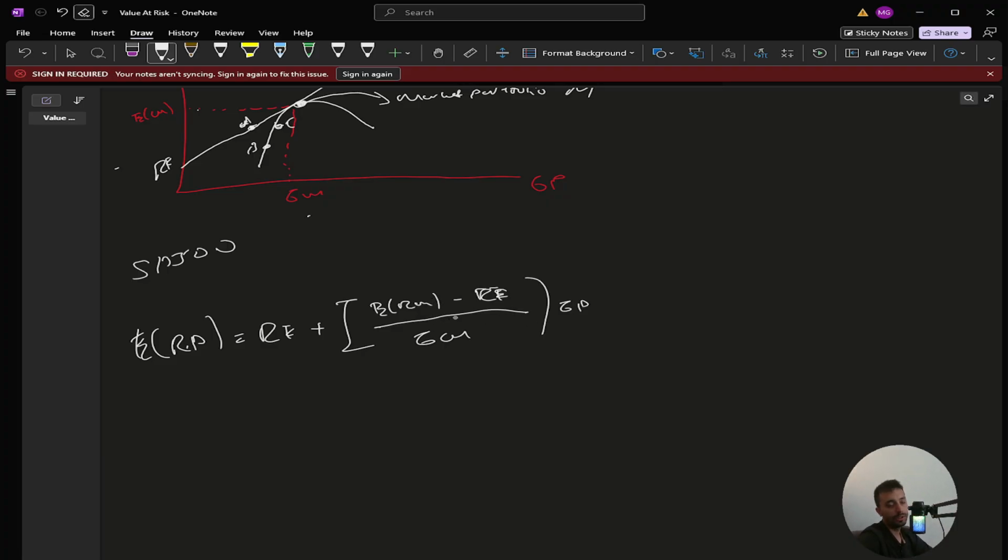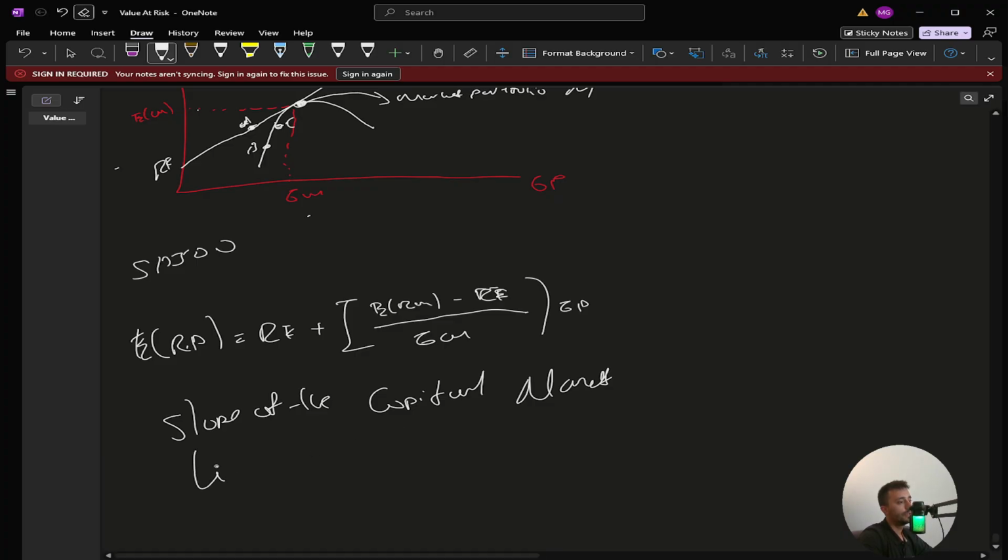They have a really good relationship between them, about the Sharpe ratio and the security market line. Maybe you know, the slope of the capital market line equals the Sharpe ratio.